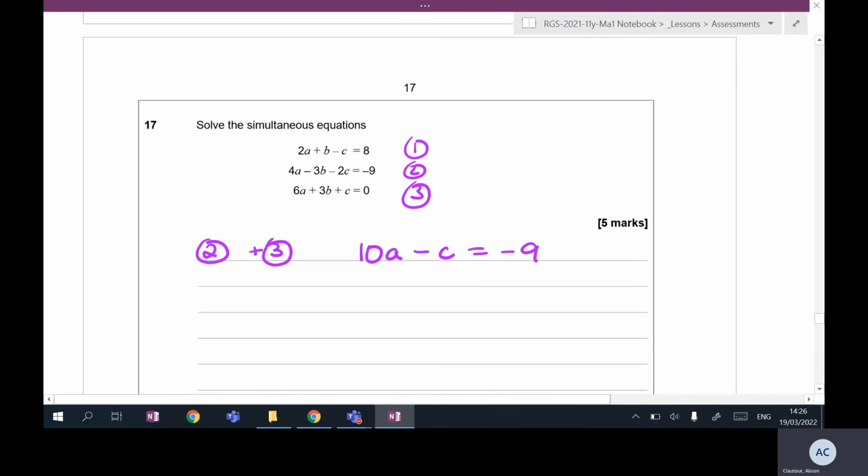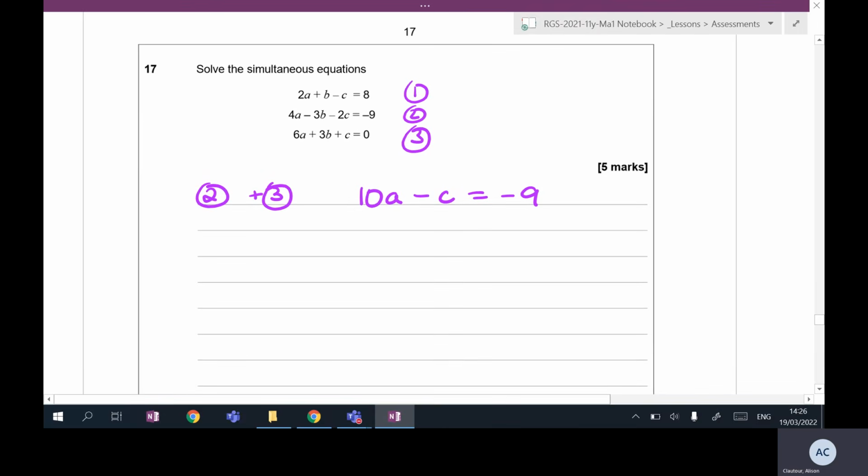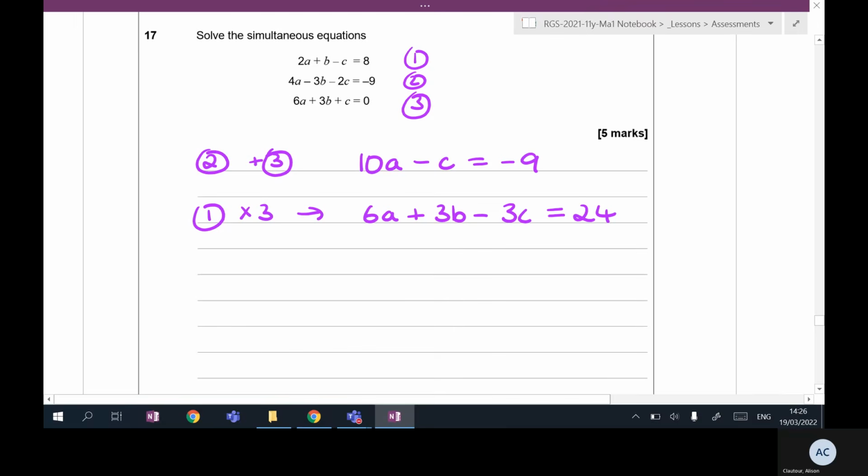I'm then going to pick another 2 equations and eliminate B. So I'm going to multiply the first one by 3. So 6A add 3B minus 3C is 24. I'm then going to pick, it doesn't matter which one, equation 3.